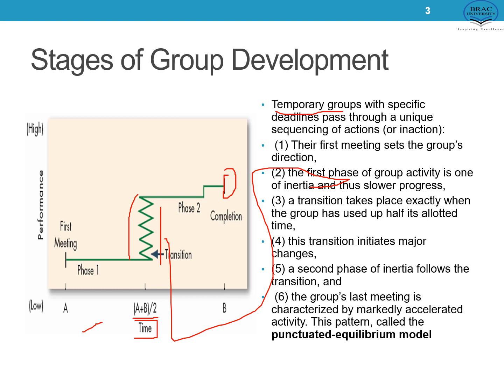That is why this is applicable to temporary groups with some definite deadline. Now let's look at these stages in a few more details, to understand how they actually work.